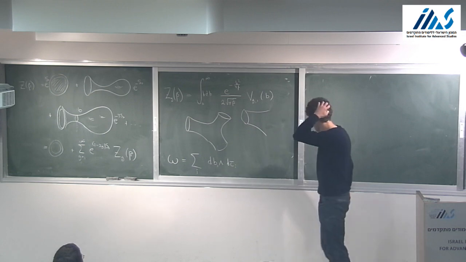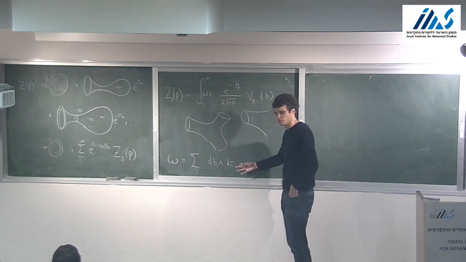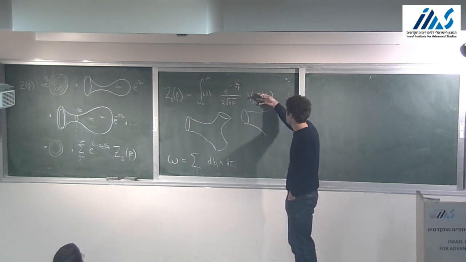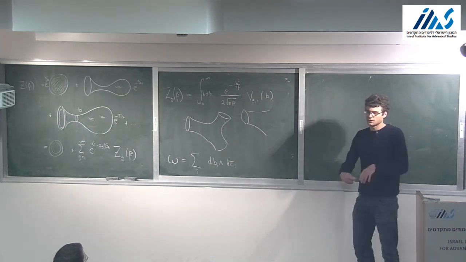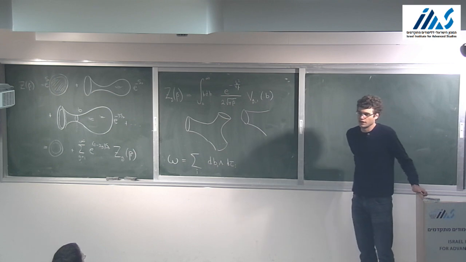Okay. So this is the symplectic form, and to compute the volume form on this space, you take e to the omega. And then you, in principle, do the integral over these twists and the lengths.